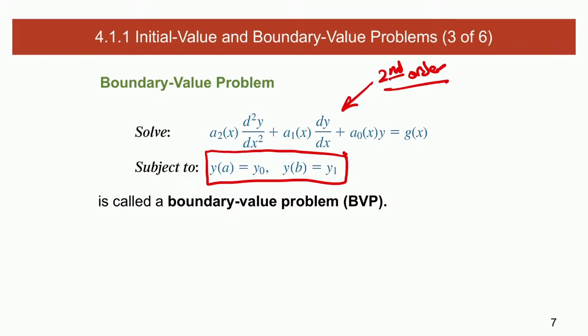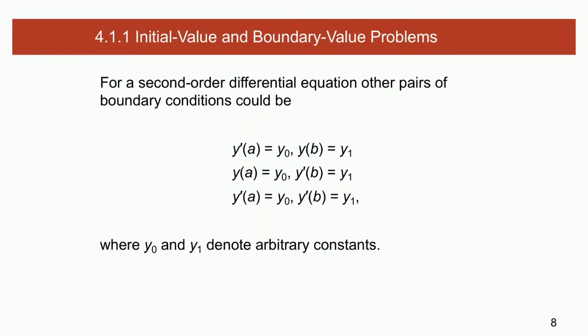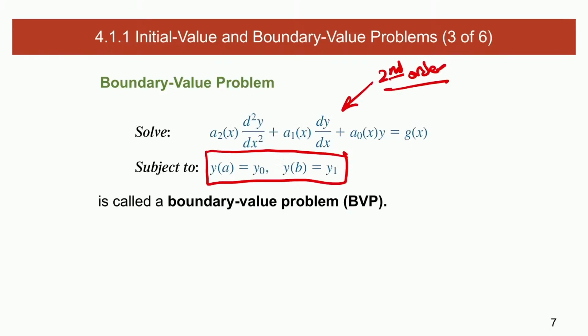So you would know where you start and where you finish, and basically try to figure out what's happening in between. So that's called a boundary value problem, for obvious reasons, that you have initial and terminal position of the object. That's really unnecessary to put here.